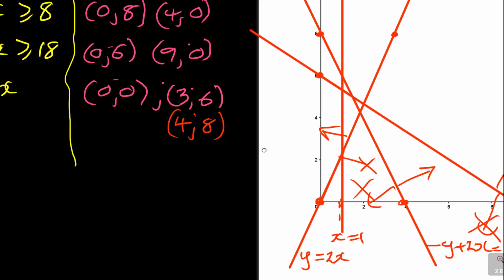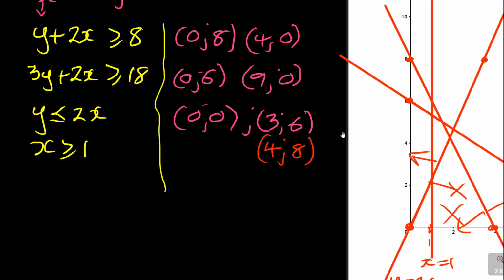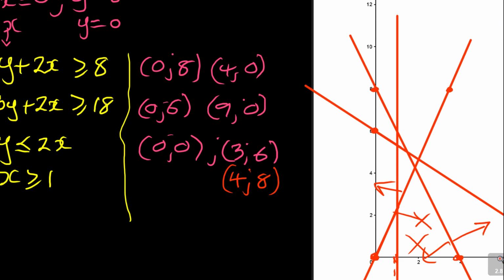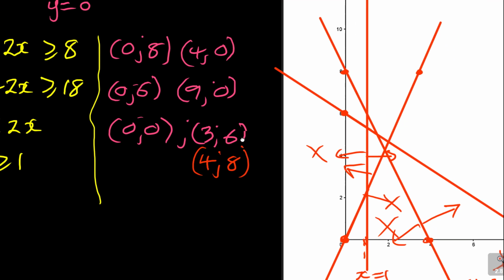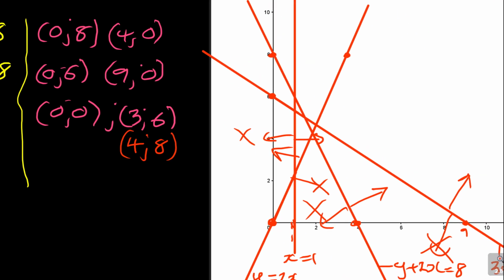Now they say x is greater than, so the region I need for this x greater is this direction. So here it's a no. Now look at this. When I start to look at this feasible region, I'm interested in that region here.